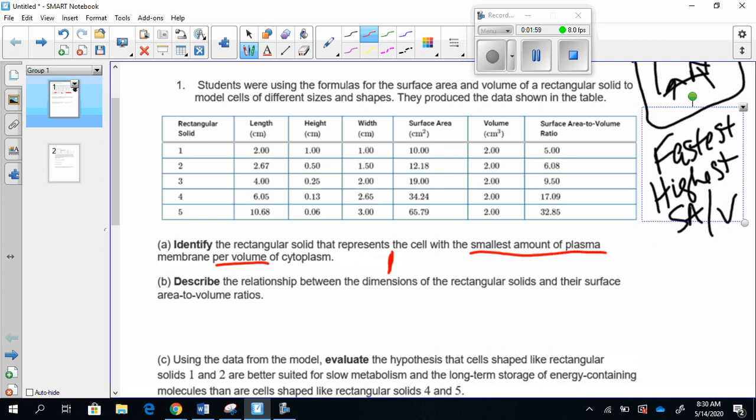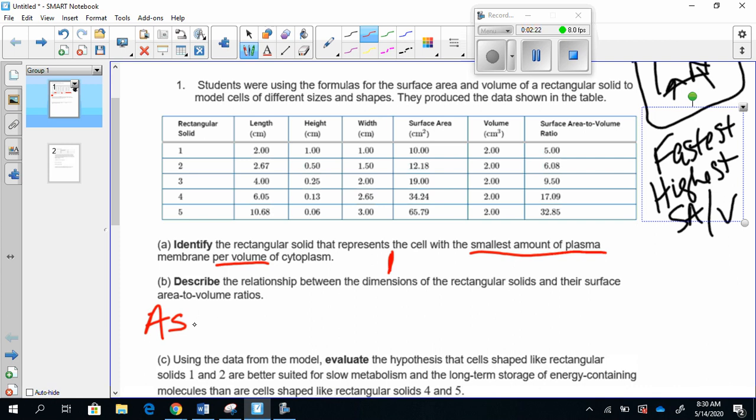B, describe the relationship between the dimensions of the rectangular solids and their surface area to volume ratios. Okay, so every time they say relationship, I like to say "as." All right, so let's look at, so the length is greater, the height is smaller, and the width is greater.